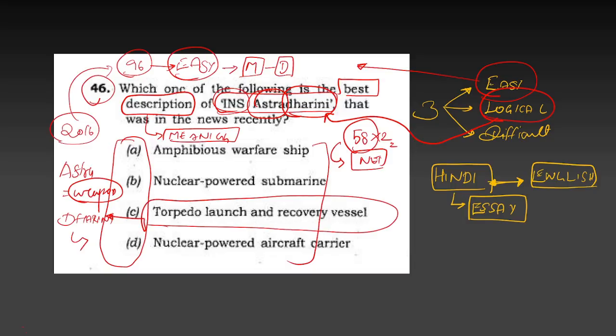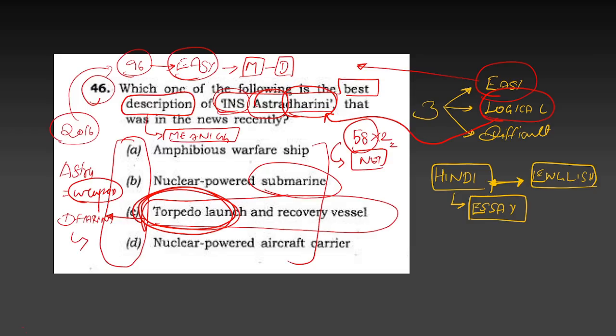Torpedo is a weapon, so you are holding that weapon. Nuclear powered submarine: they are talking about a submarine. Astra Dharini, holding a weapon. Nuclear powered aircraft carrier has no Astra. Astra is weapon, and in this, torpedo is the only weapon. Am I making sense? This is how wordplay works, my friends.